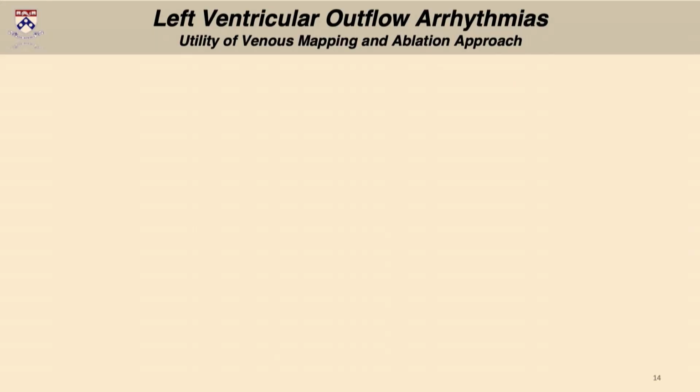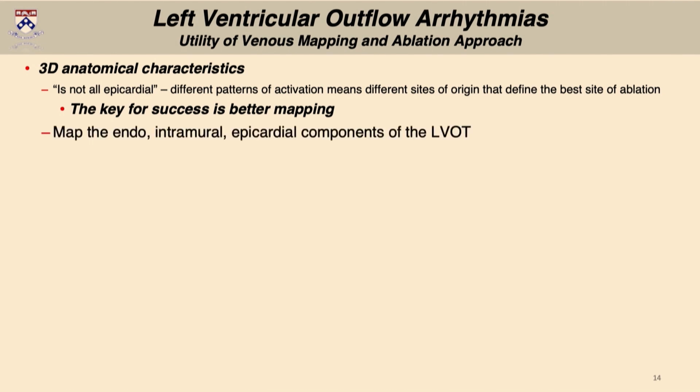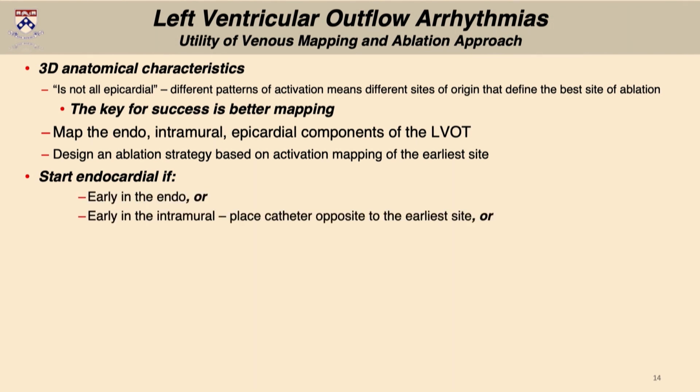So I think that not everything is epicardial, and we failed because we were not doing necessarily the best work at mapping. So I think the key for success is better mapping. And you have to come with a strategy based on the pattern of activation. And my strategy is that if it's early in the endo, you ablate in the endo because that's very, very logical.